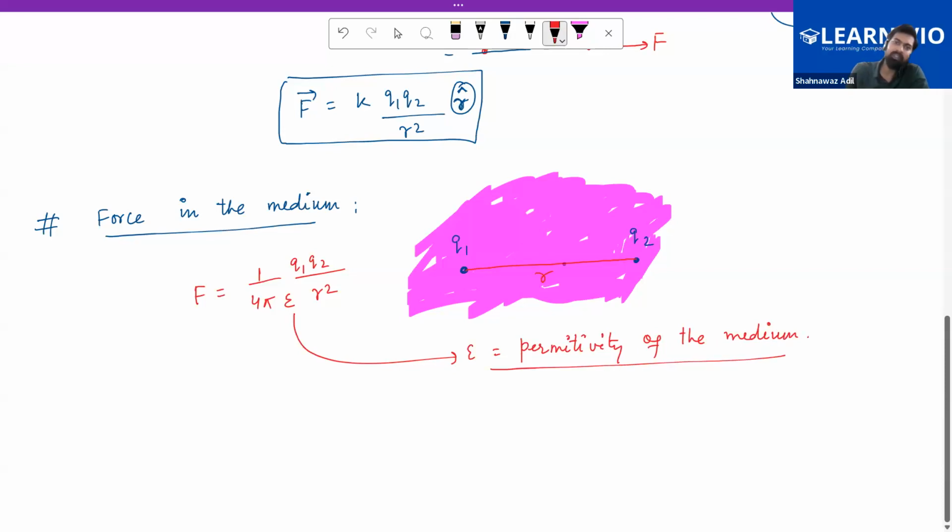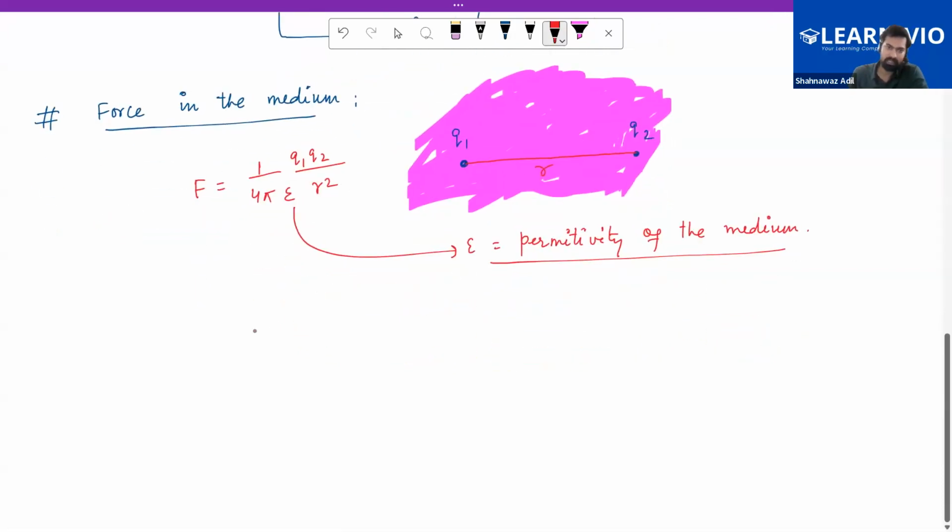I can define another constant, which is the ratio of this thing by the permittivity of free space, right? I can define this ratio as epsilon R also. So this is called the relative permittivity.